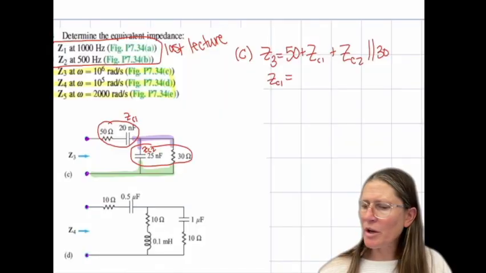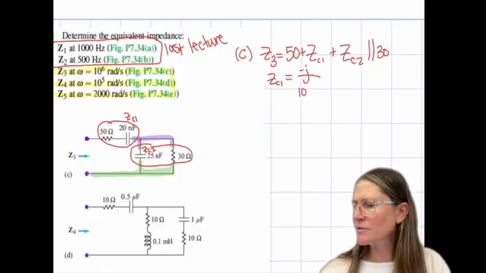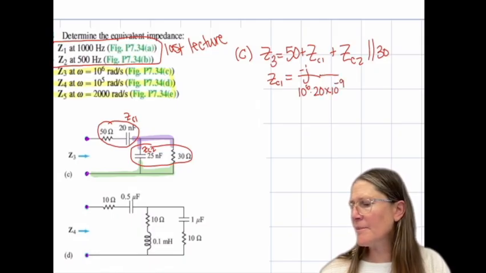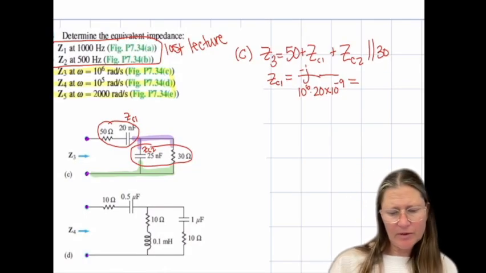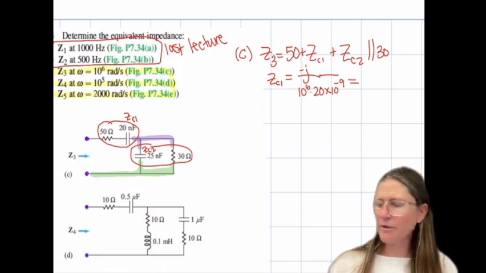And ZC1 is going to be a minus j over 10 to the 6 times 20 nano, which is 10 to the minus 9. So this ends up being minus 50j.